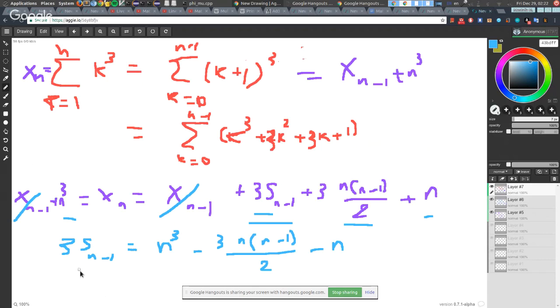So basically this is the form for Sn minus 1. I can try to simplify it a bit further. So we can do this. I just copy it here and then put it in.